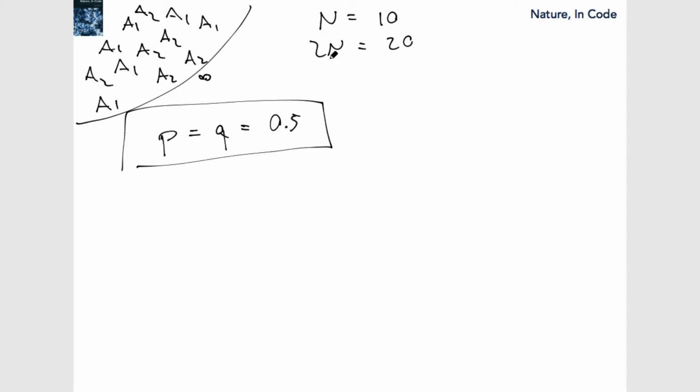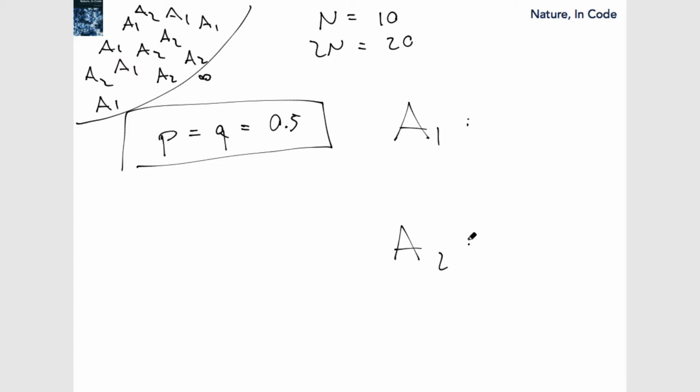And at this point, I'm not going to care exactly what new individual genotypes we are going to produce. We just care about the number of A1 and A2 alleles that we pick here. I just care about the allele frequencies for the time being. So I'm going to set up a counter here for A1, and a counter here for A2.